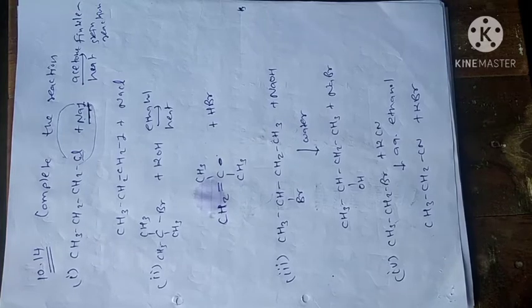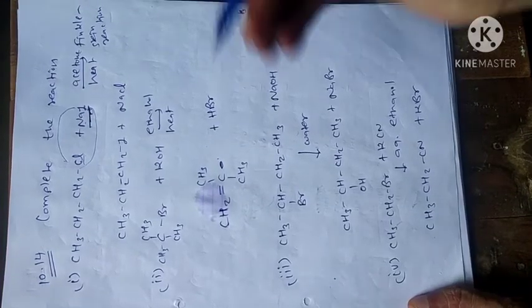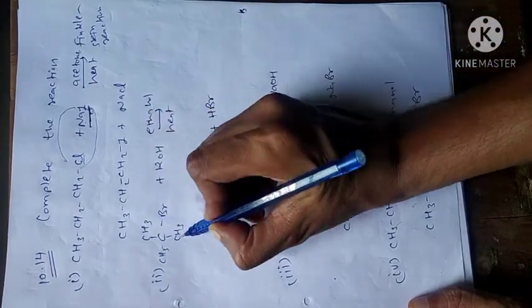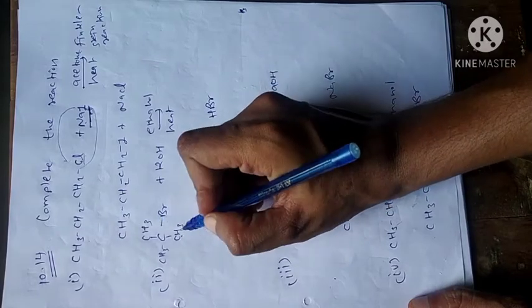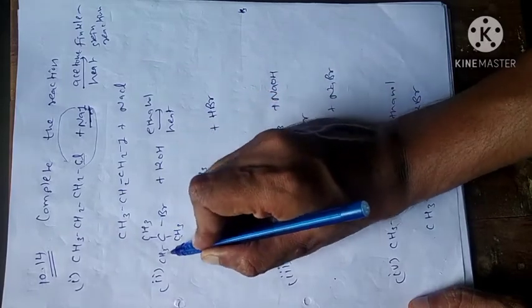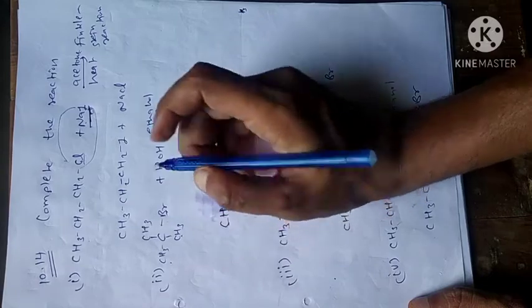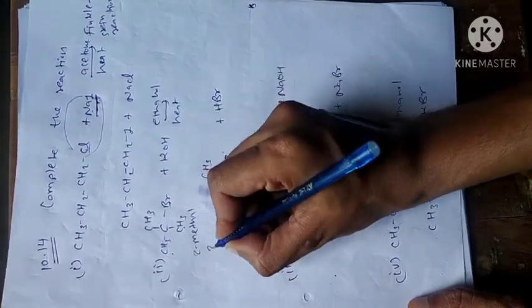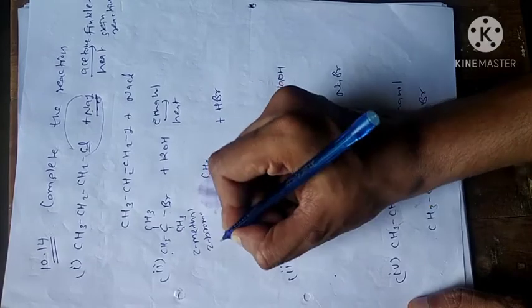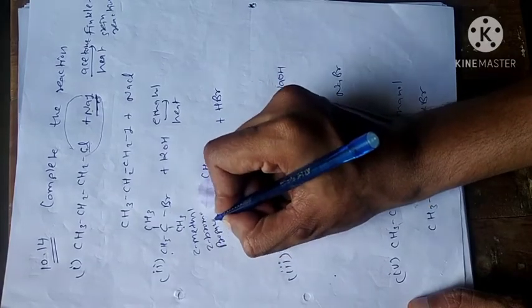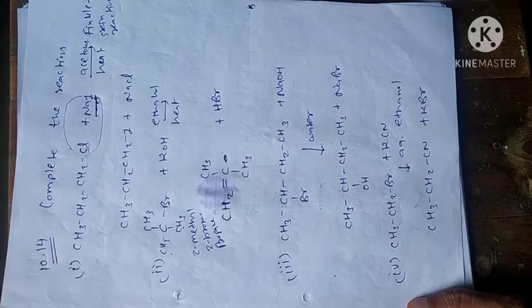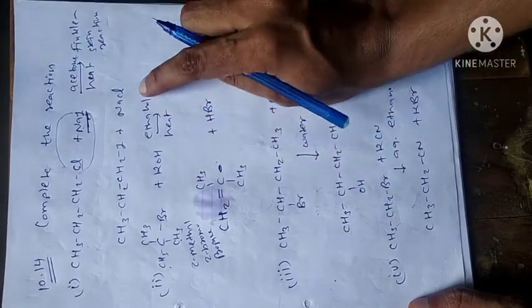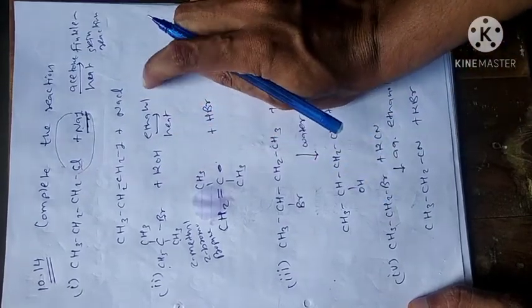Now second reaction, you can see 1, 2, 3 carbons are in line, so it is propane. On 2 number we have methyl group and bromine group, so it is 2-methyl-2-bromopropane. When it reacts with KOH in presence of ethanol, so what will happen here?